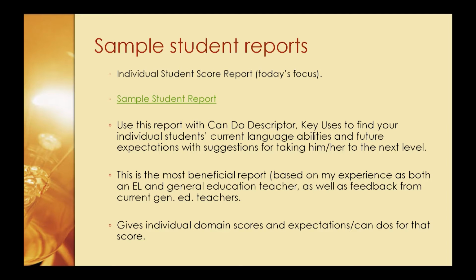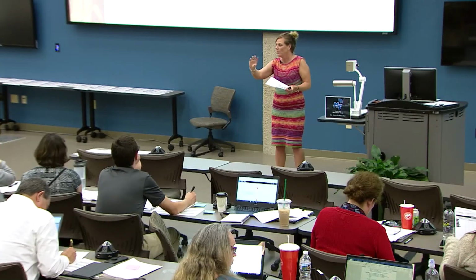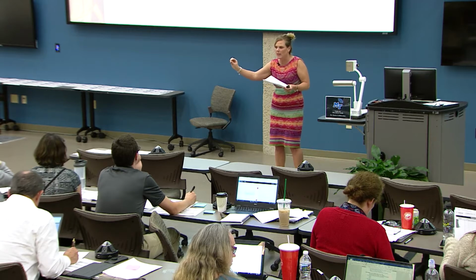It gives an individual domain score, which we looked at, but it also sets expectations for that score. On that individual student report, at the bottom of it, if you look at the example, it'll show you this is exactly what that child can do. Okay, this is a 4. This is what they should be able to do.